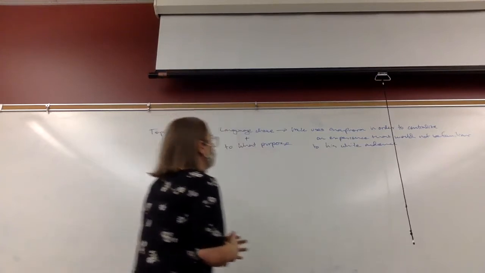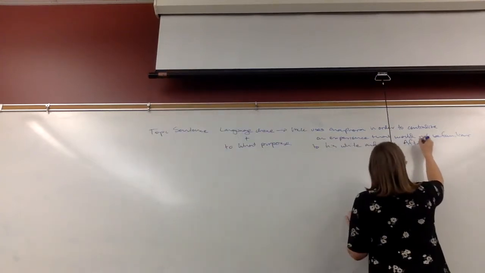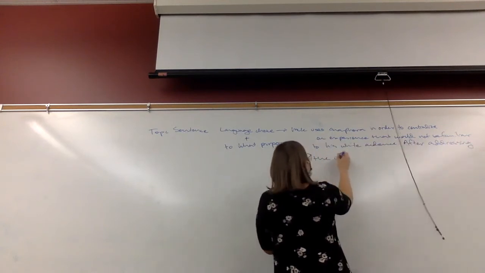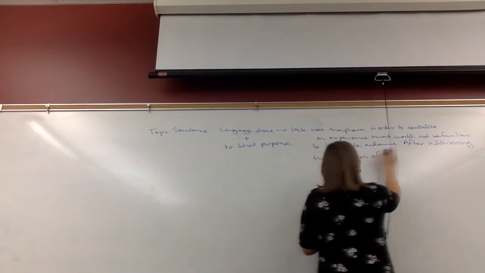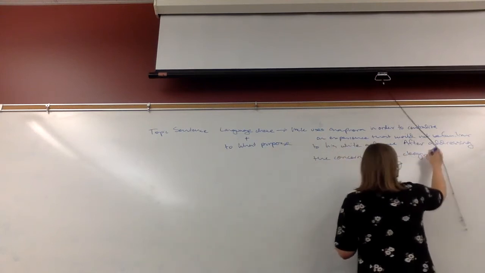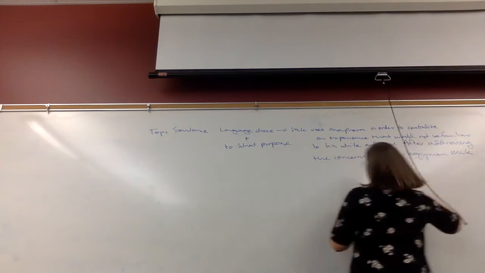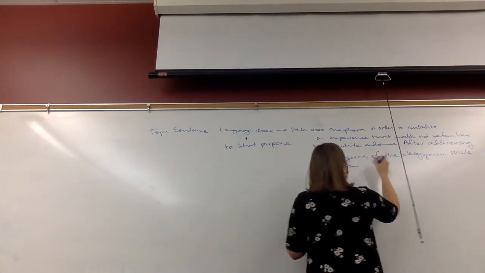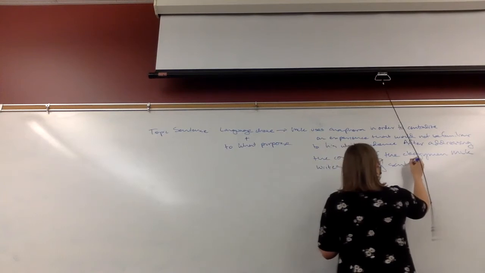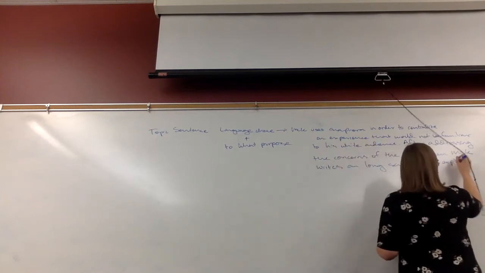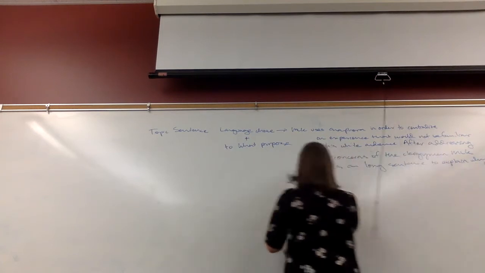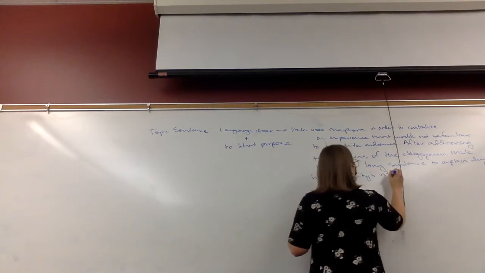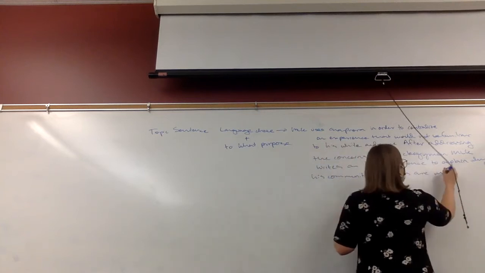So it might be something like, after addressing the concerns of the clergyman, MLK writes a long sentence to explain why his community's interests are more urgent.